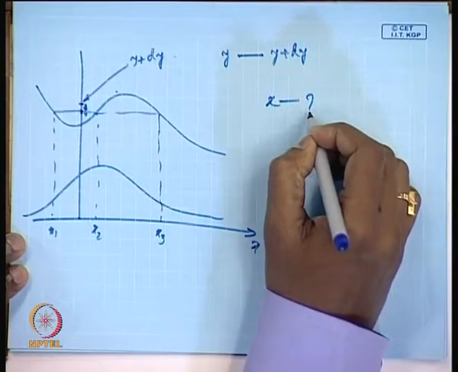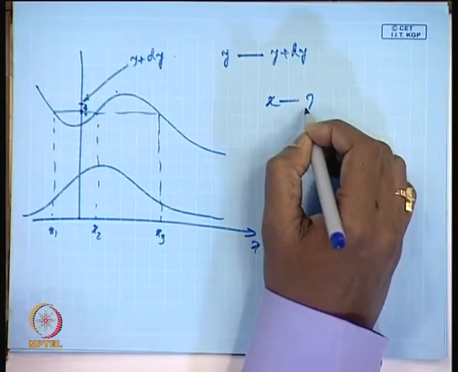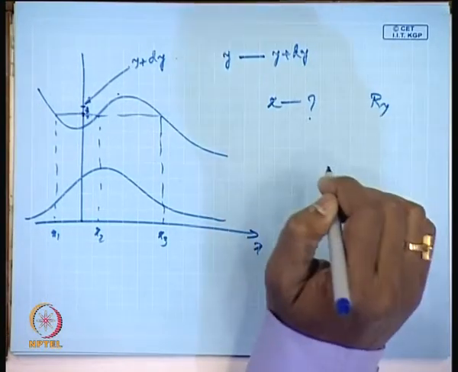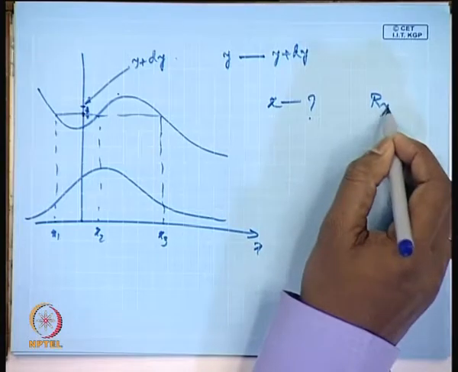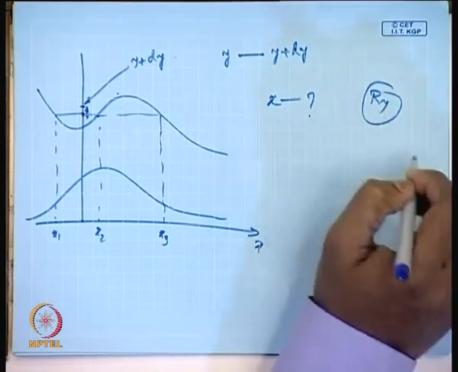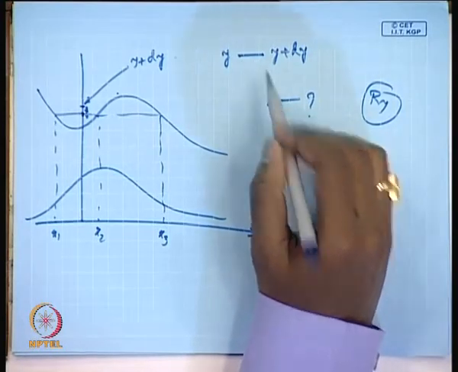If we can identify that, then that gives you the set R_y that we defined a few slides back, and then we can calculate its density.